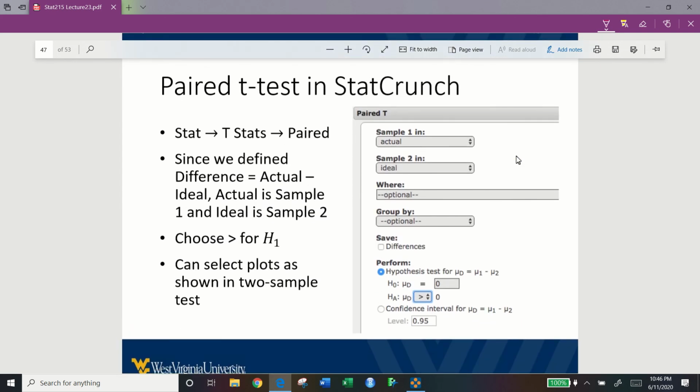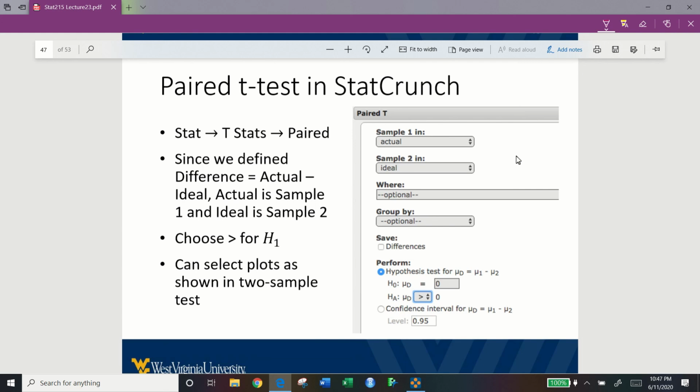All right, so now let's actually calculate our paired t-test. If we want, we can use StatCrunch to make it easier. We'll go to Stat, T Stats, Paired. Since we've defined the difference to be actual minus ideal, we need to remember that actual will have to be sample 1, and then ideal is going to be sample 2.